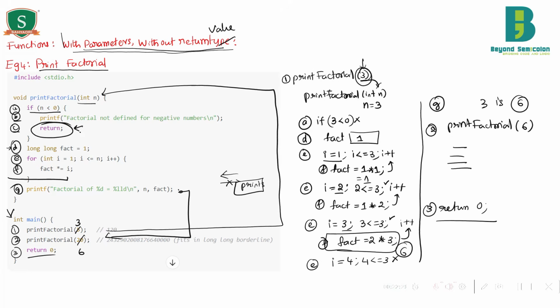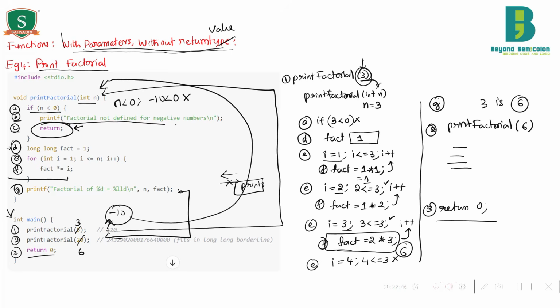So what does it mean? For example, you give the input as -10. For -10, can you calculate a factorial number? Is there any factorial number for the negative numbers? No, right? So when you give -10 as the input, it enters inside the function. It checks n less than 0. That means -10 less than 0. Condition is true. The factorial not defined for the negative number statement will be printed and return.